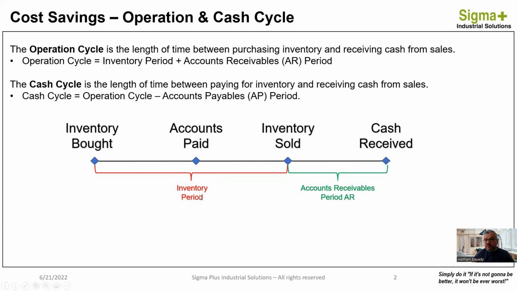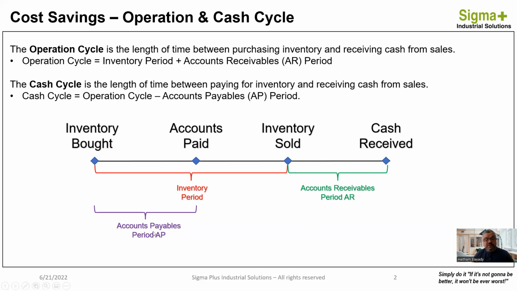We've been speaking about the inventory period and the accounts receivable period, but what about the accounts payable? The accounts payable period is the period from the time that the supply chain management releases all the purchase orders to the vendors and suppliers to purchase all the required inventory and materials until the time that the company has paid 100% of the bills and the cost of the materials to the supplier.